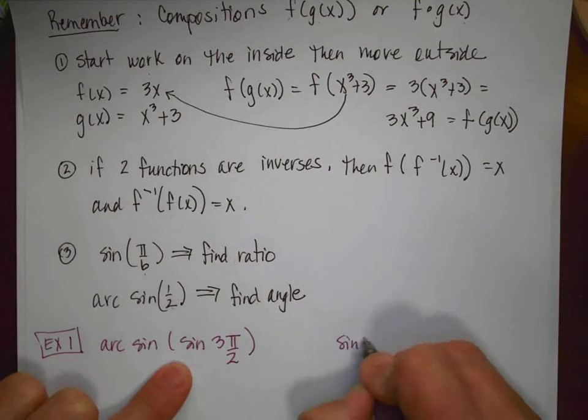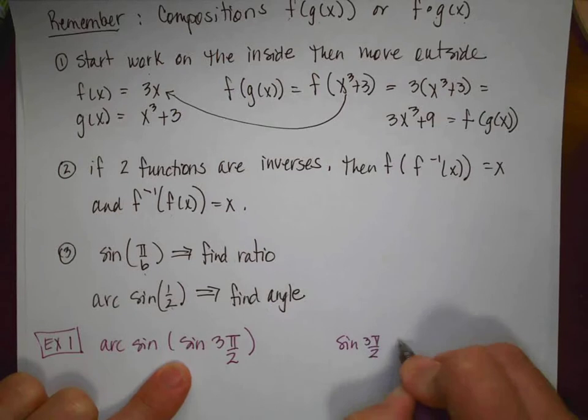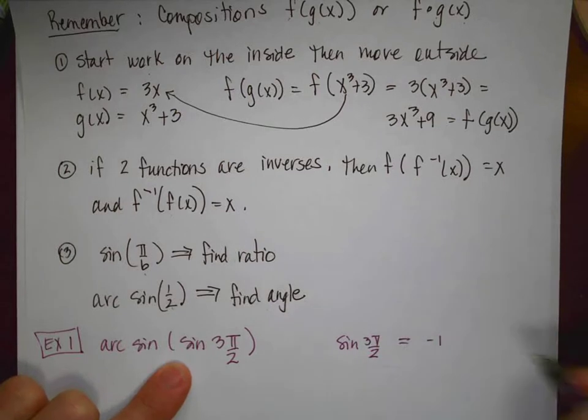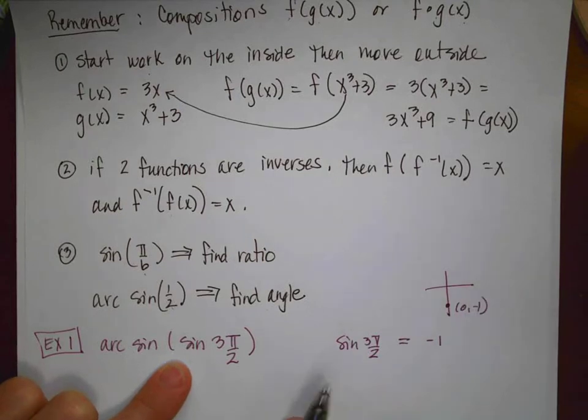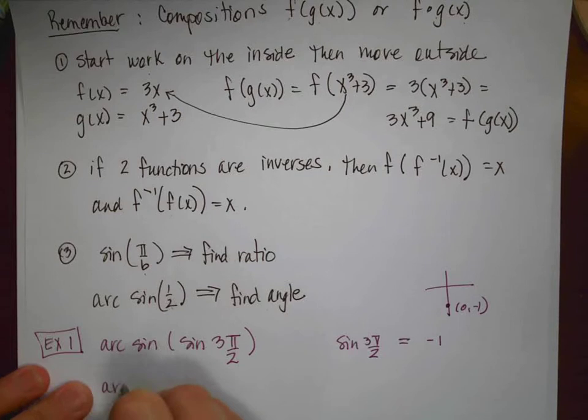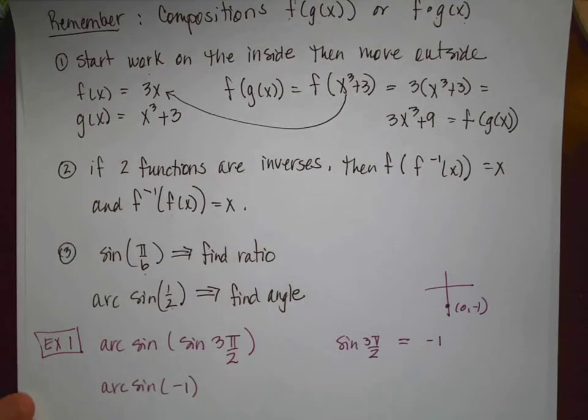The sine of 3 pi over 2 is -1, because remember, 3 pi over 2 is down here, and the coordinates at that point are (0, -1). And so then the math says do the arc sine of -1. In this case, it says where is the sine -1?